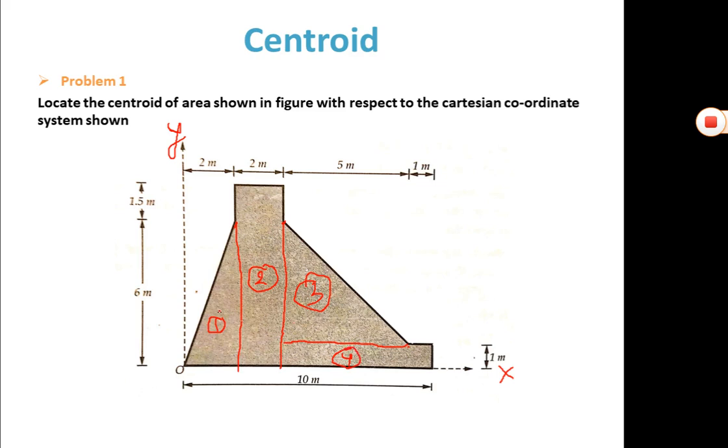So now let's find out the dimensions of each component. For the first geometrical component, that is a right angle triangle, the base is 2 meter, and the height of this component 1 is 6 meter.